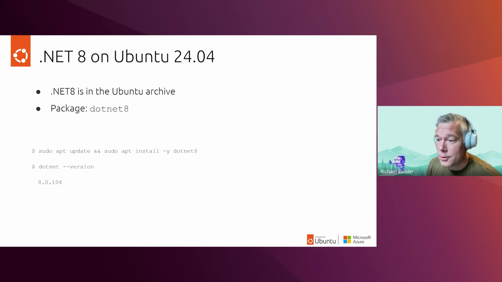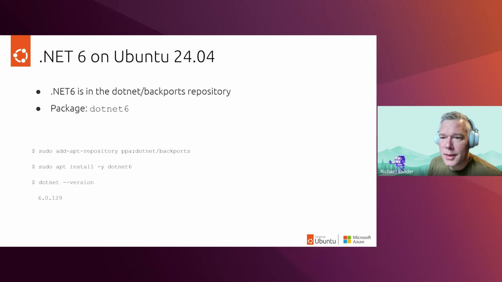The package is just called .NET 8, just like any other package in the Ubuntu archive. You just apt install the .NET 8 package. And then once it installs, you can type .NET CLI commands, and then you're ready to do .NET 8 development. And that's really all there is to it.